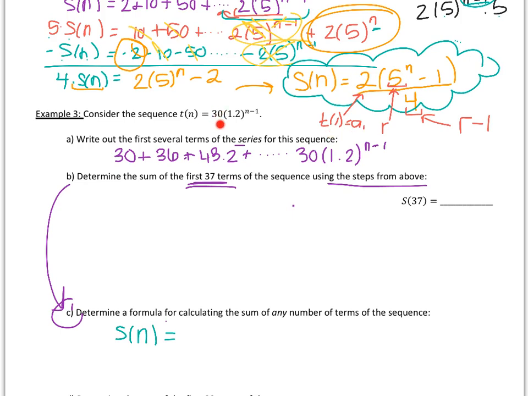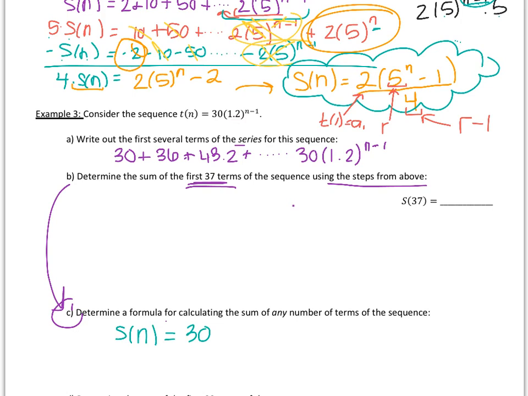So we see from our formula, our first term is 30. That's going to be the first thing in the numerator. Then up here we had 5 to the n minus 1. Think about 5. In our previous example, that was our common ratio. So we'll just change that to the context of our new example. Our common ratio is 1.2.